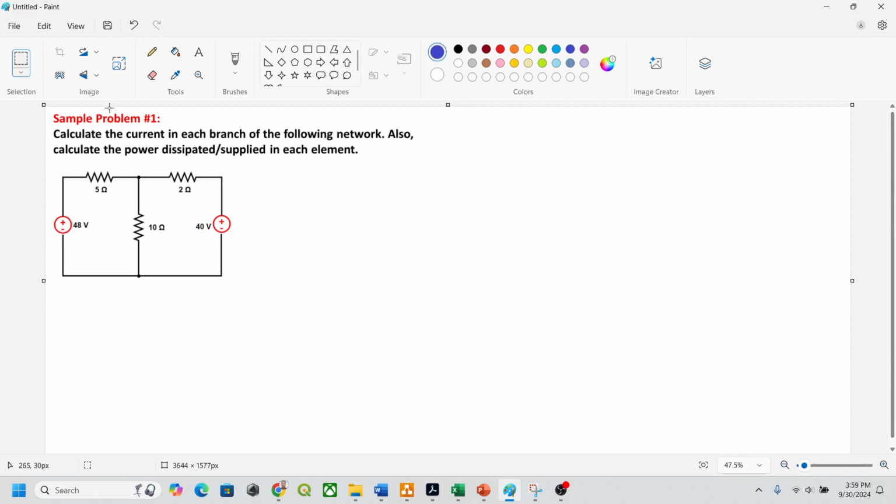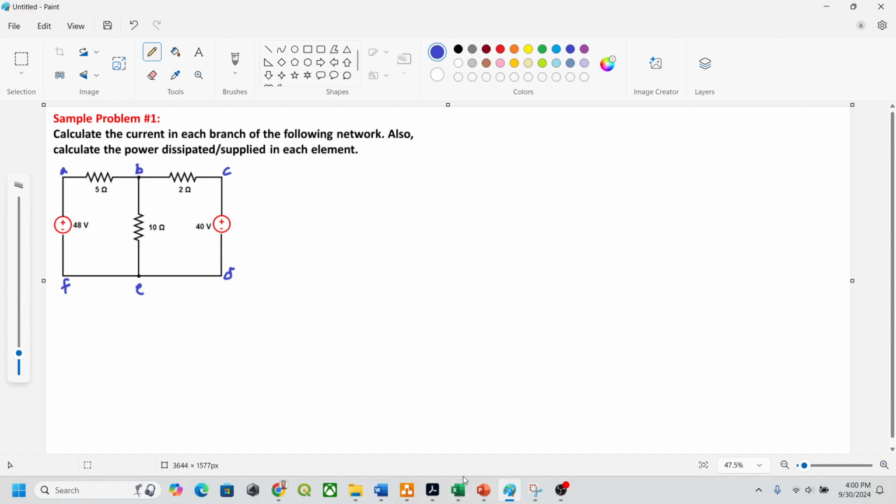In this case, I will label this corner right here with A, this node here with B, this corner here with C, and this corner here with D, and we have E here, and we have F. So that's it for step 1.